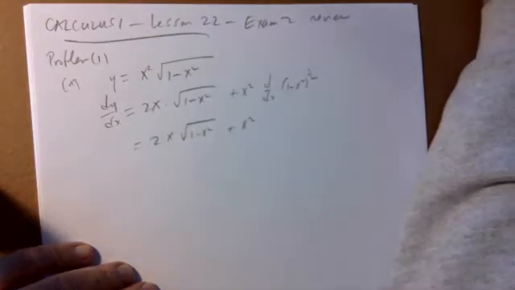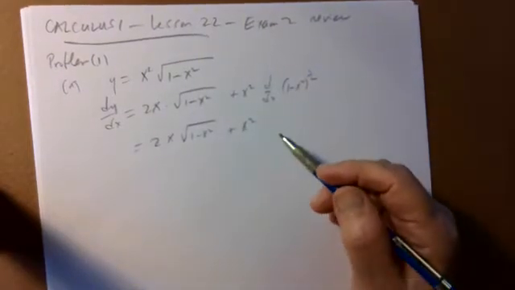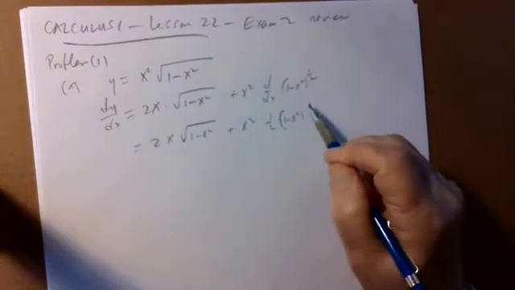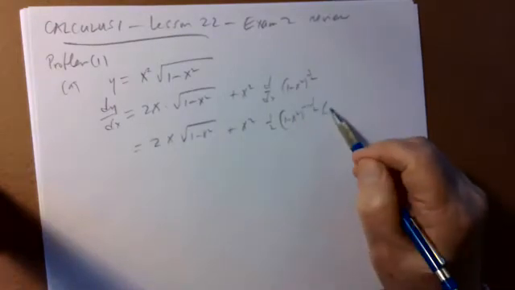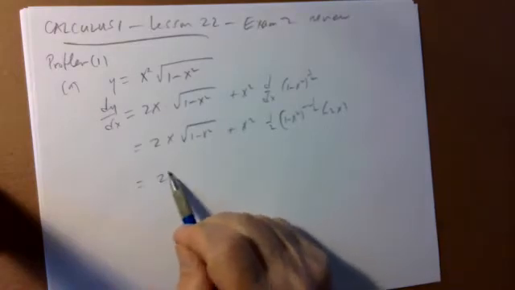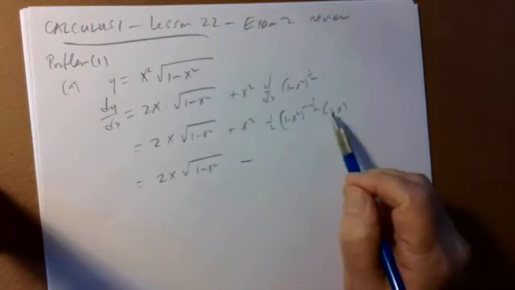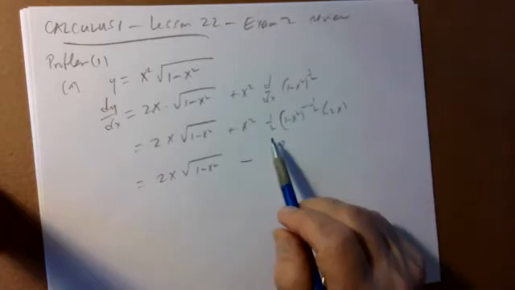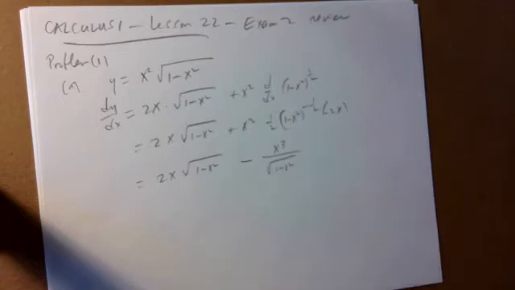So this is 2x square root of 1 minus x squared plus x squared. And when you differentiate by the chain rule, you get 1/2, 1 minus x squared to the minus 1/2 times the derivative of 1 minus x squared, which is minus 2x. So this is 2x times the square root of 1 minus x squared minus, and these 2's cancel, x cubed over the square root of 1 minus x squared.